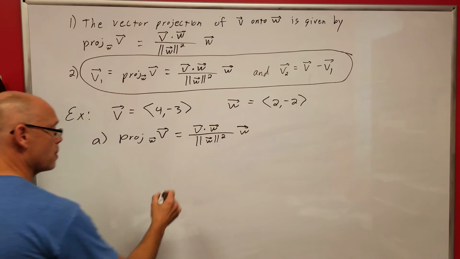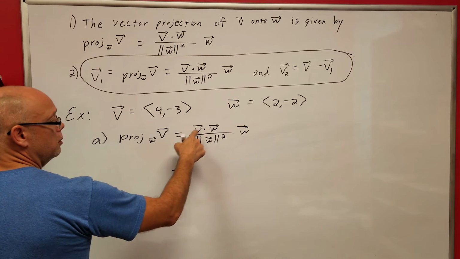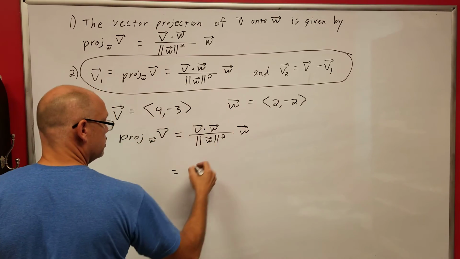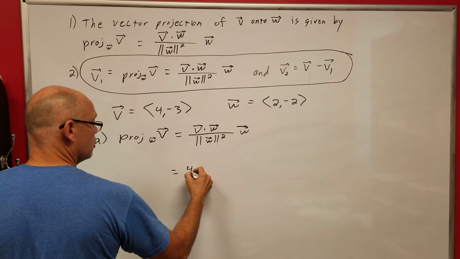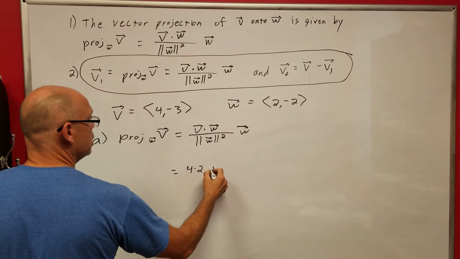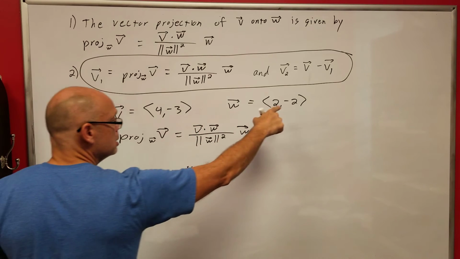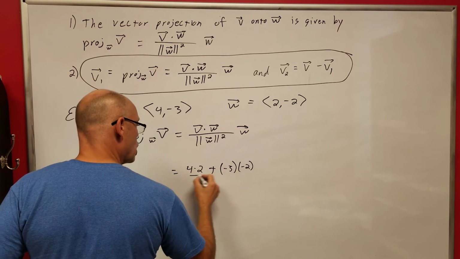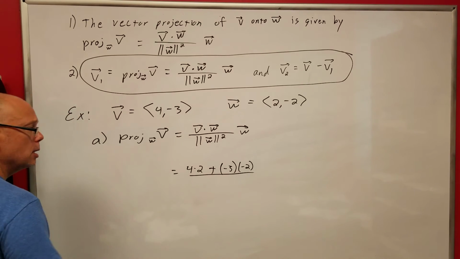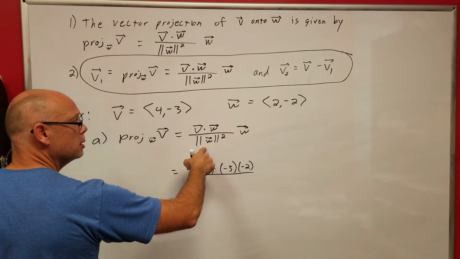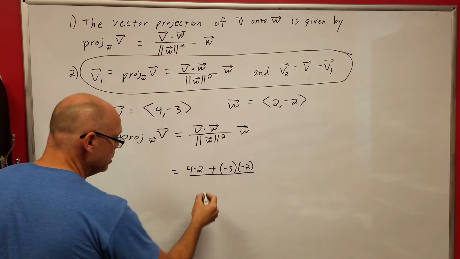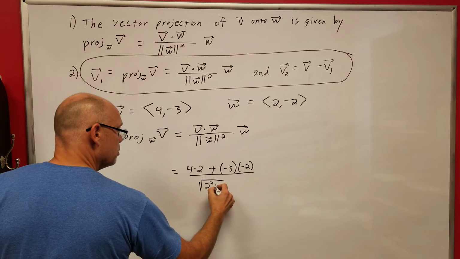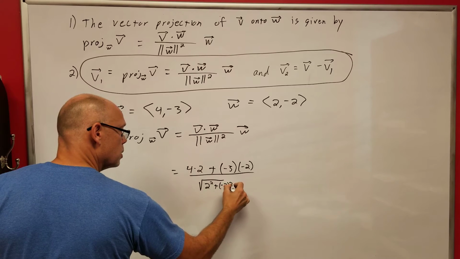Let's do so. v dot w, what is that? 4 times 2, plus negative 3 times negative 2, all over the magnitude of w squared. What would the magnitude of w be? The square root of 2 squared plus negative 2 squared.